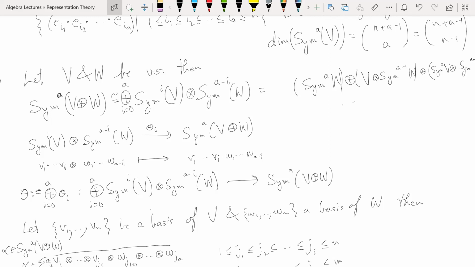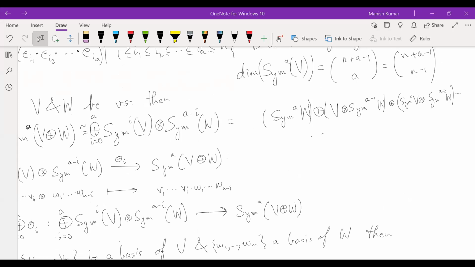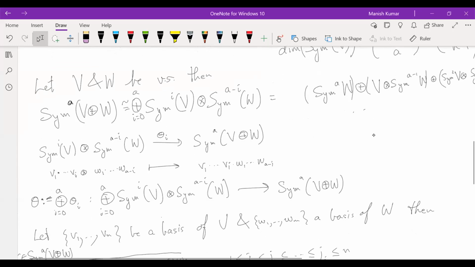So remember, if you take an element of Sym^i V, v_1 to v_i, and Sym^(a-i) W, which is w_1 to w_(a-i), hold on a second. Okay, so we have this map from Sym^i V cross Sym^(a-i) W to Sym^a of V plus W, which sends this pair v_1 to v_i, and so on.